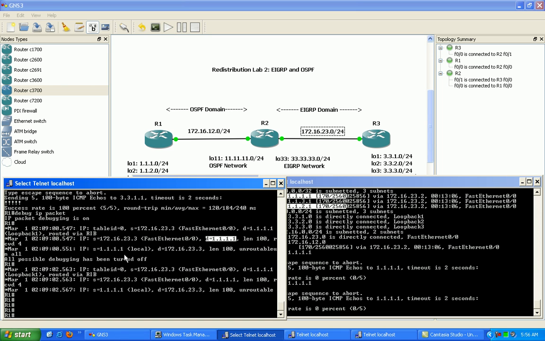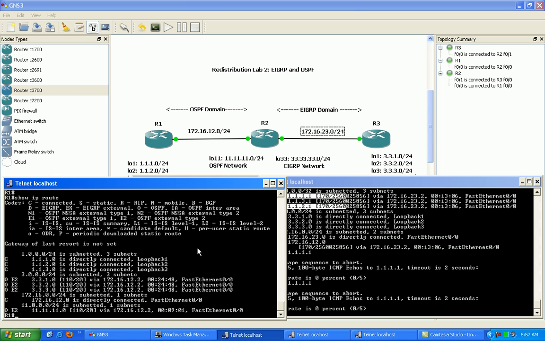However, when the echo replies try to go back to router 3 from router 1, when router 1 does a lookup on the 23 network in its routing table, it has no idea how to get back to the 23 network. And that is because within our redistribution process here, we have broken redistribution.